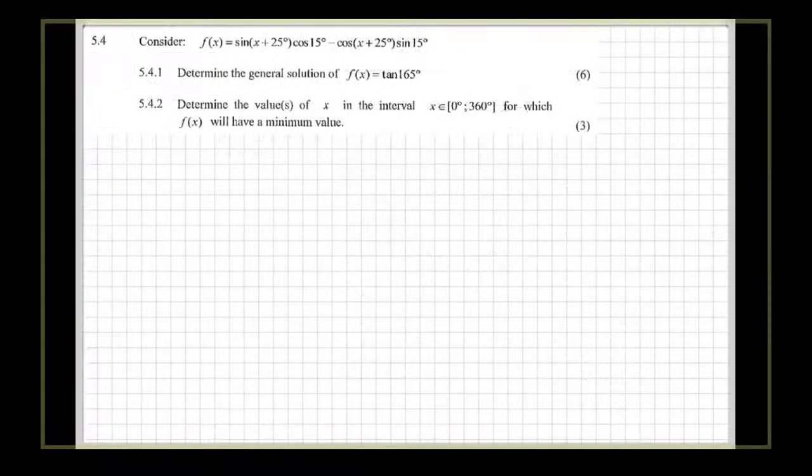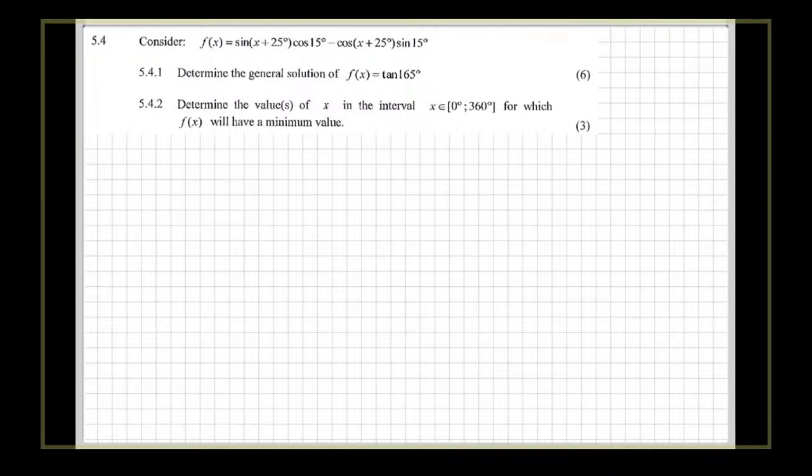Our first question for the evening states: consider f(x) = sin(x + 25°)cos 15° − cos(x + 25°)sin 15°.